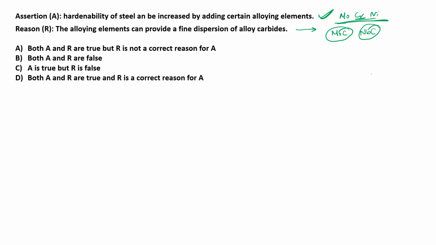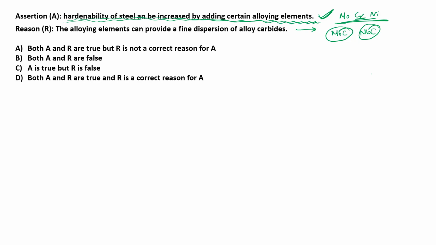Okay. But is it the reason to increase the hardenability? No. The carbides which are formed actually act as nucleating sites for some other phases, like during the transformation it can form ferrite, so that's why it is not significant. So the statement R is correct, but it is not exactly the reason for the hardenability. Okay, so what is the reason for this hardenability increase?